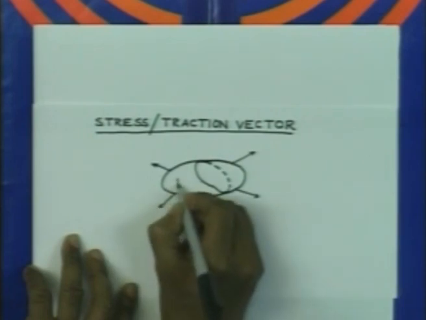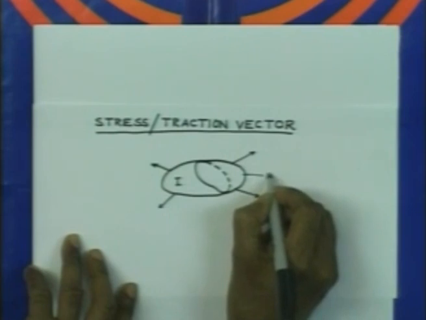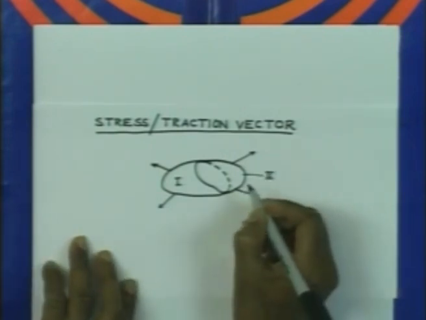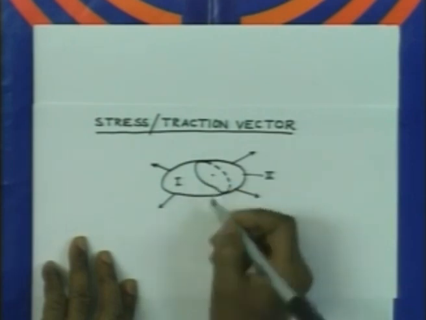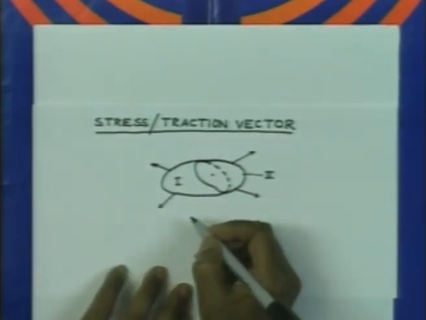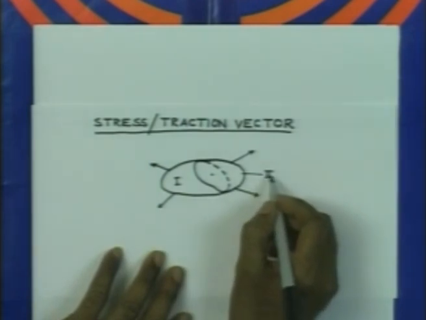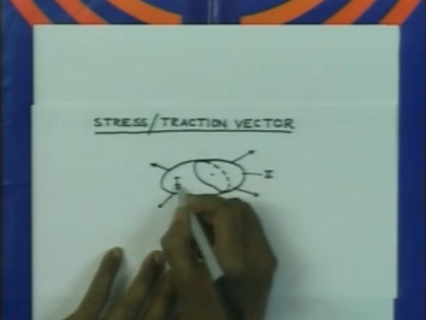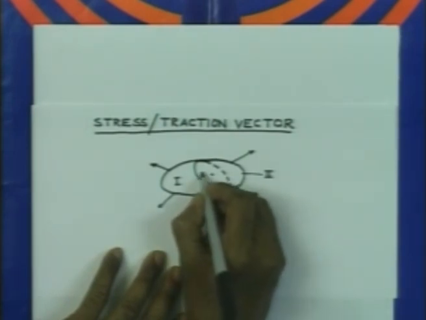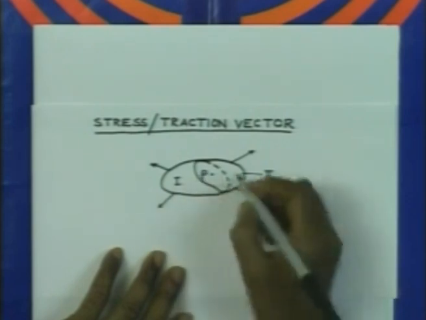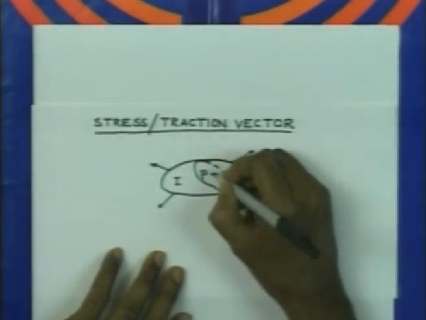It has now got divided into two parts, 1 and 2. Typically, if we consider a point on this surface, the force applied by part 2 on part 1 at this point P, let us say, will have a typical magnitude and direction.